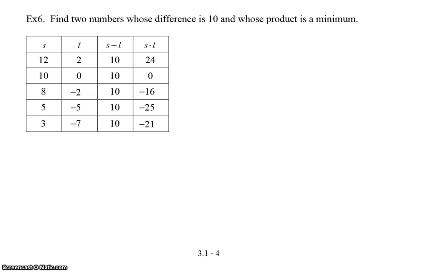So we could begin this by saying let S and T be the numbers we're looking for. Now we are given that the difference between S and T is 10.